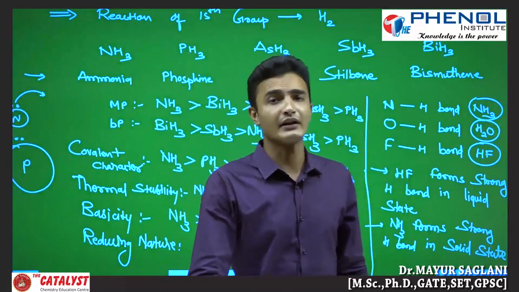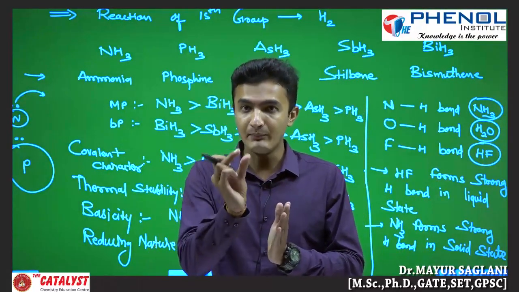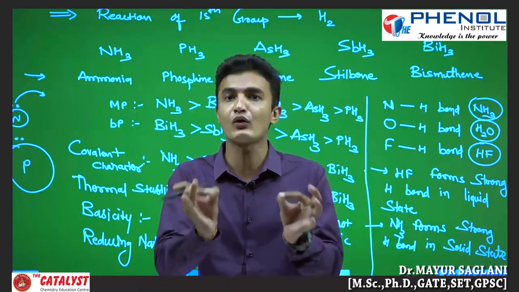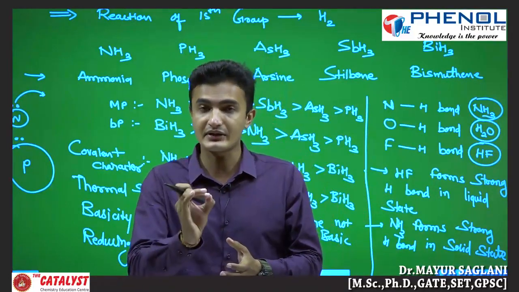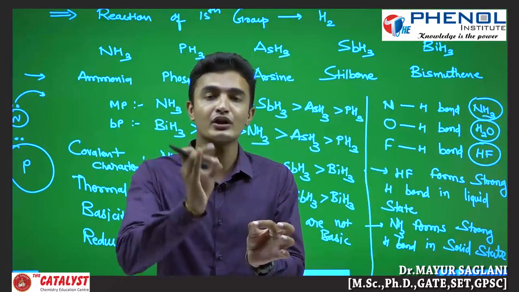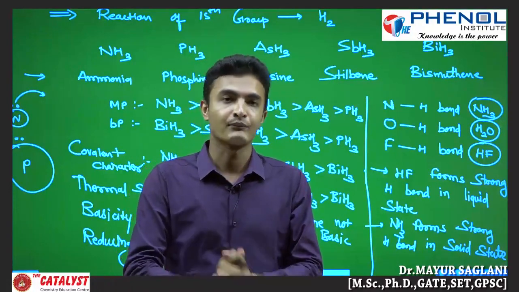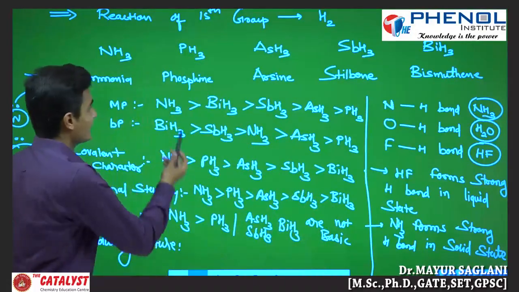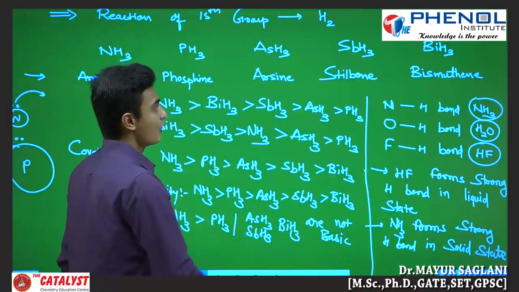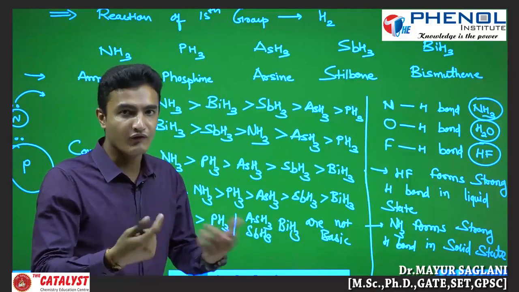Okay. Next thing we will see is reducing nature. Okay. Fine. How will you say reducing nature? The capacity to liberate hydrogen is what is called reducing nature. Again I am saying, the capacity to liberate a hydrogen atom is what is called reducing nature. Okay. You have to compare whether the nitrogen hydride will easily donate a hydrogen atom or whether the bismuth hydride will donate hydrogen fast.